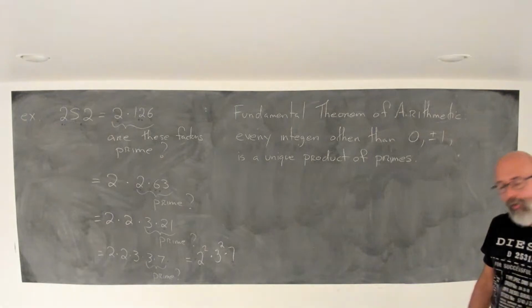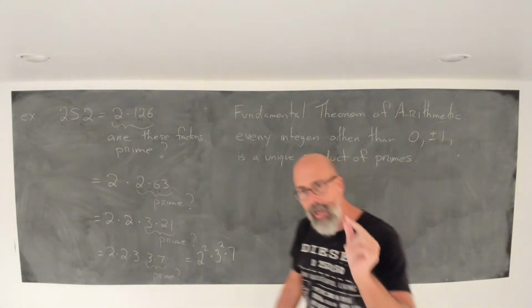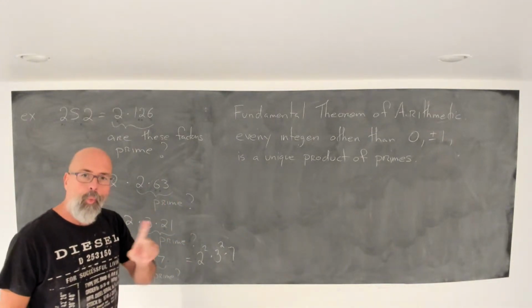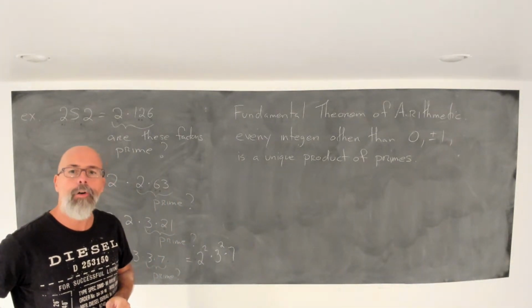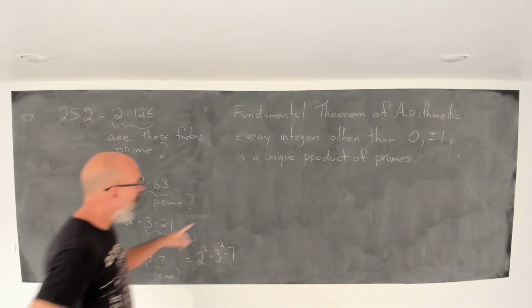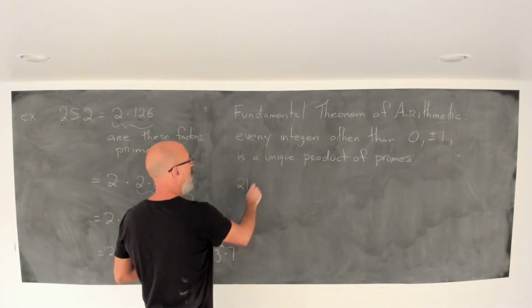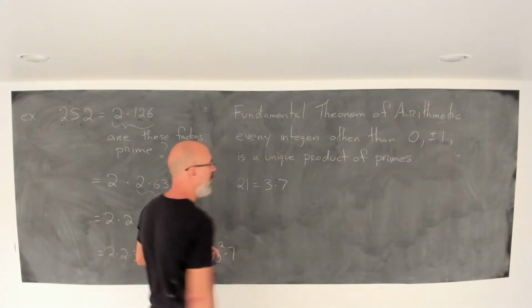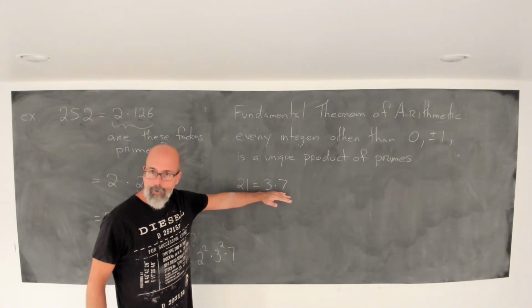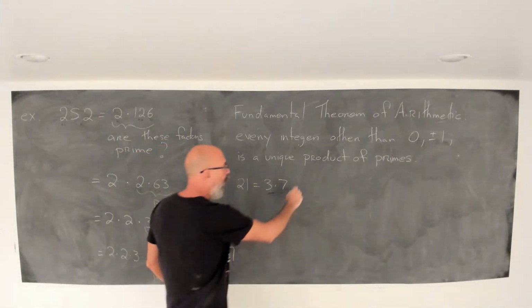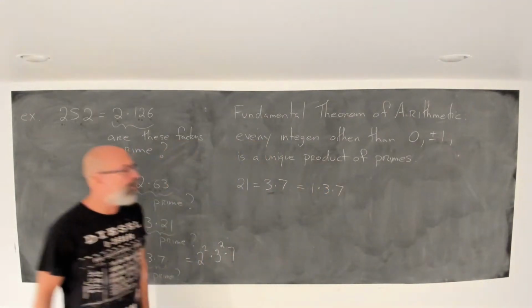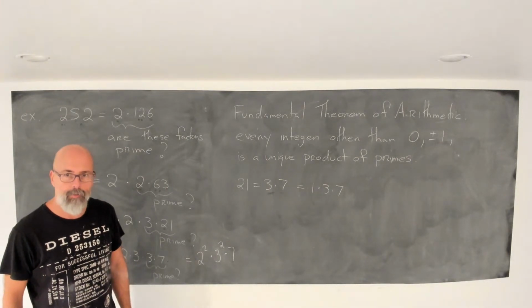And this fundamental theorem of arithmetic really is the reason why 1 is no longer considered a prime number. Because if you take 21, which is 3 times 7, this unique product of primes, well, if 1 was there, then you could rewrite it as 1 times 3 times 7.